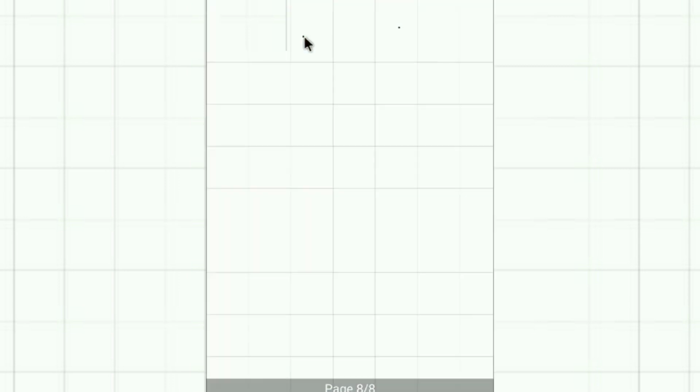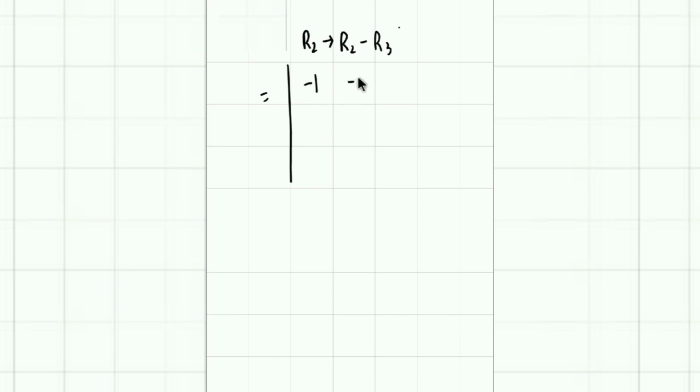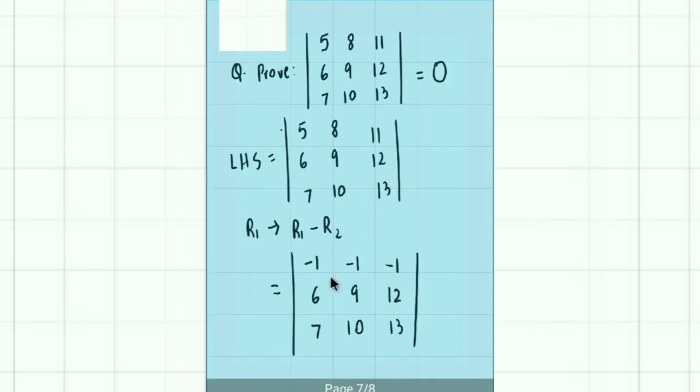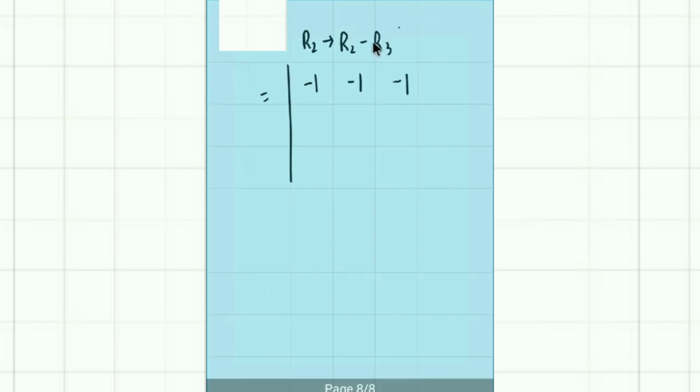So the next step which we are going to do is R2 minus R3. So we get the first row as it is, minus 1, minus 1, minus 1. The second row, 6 minus 7 is minus 1, 9 minus 10 is minus 1, 12 minus 13 is also minus 1.